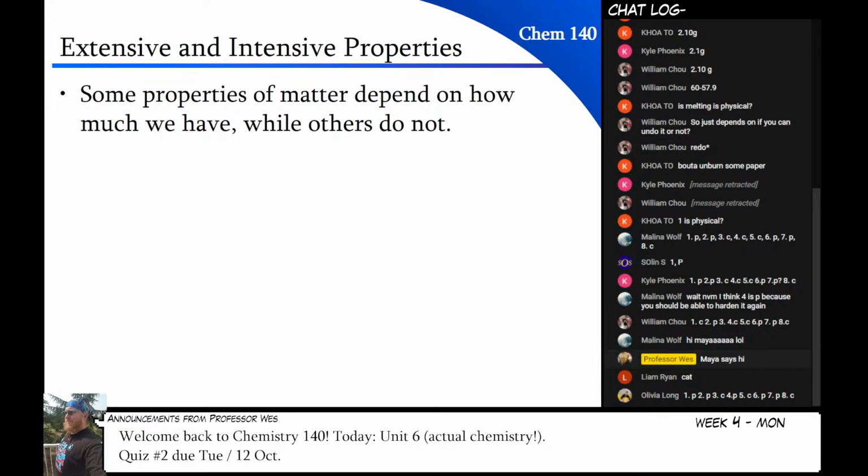Other properties don't depend on that. Whose water is the most dense? If you poured all the water into a trough, would one side of the classroom's water float to the top because it's less dense? No, it's all water, right? Everyone's water is the same density. So we can categorize properties based on whether it matters how much you have or not.